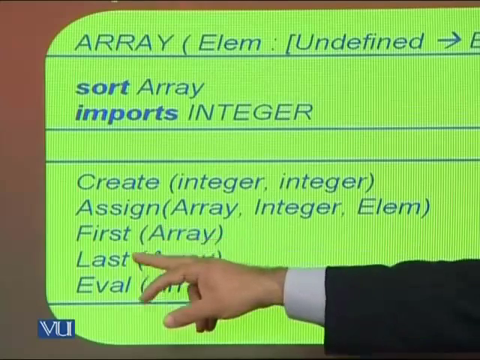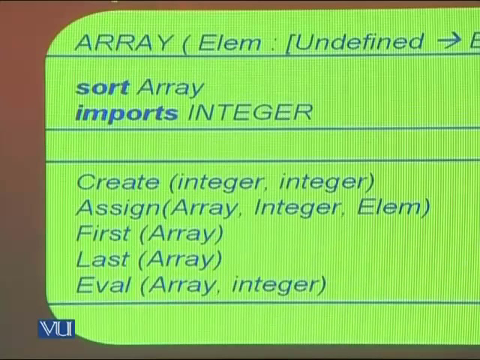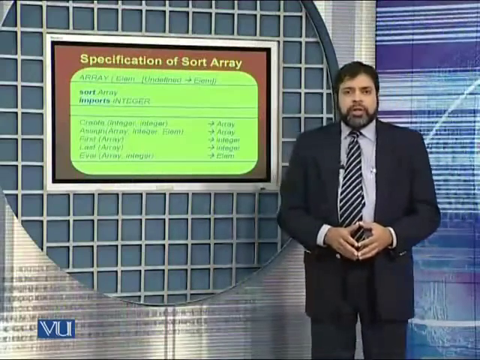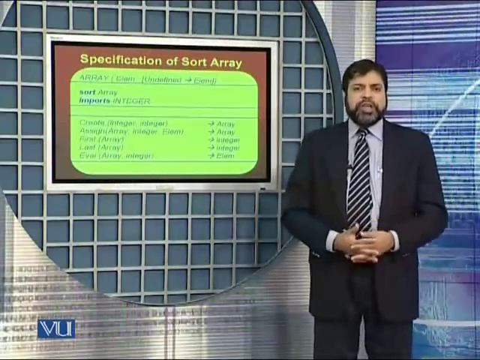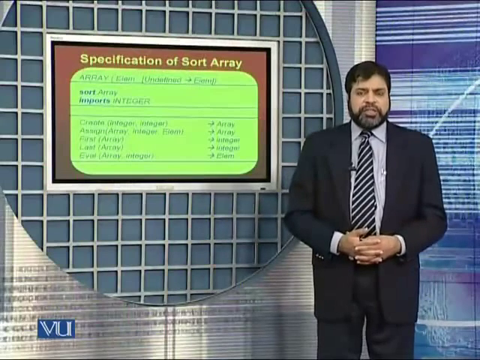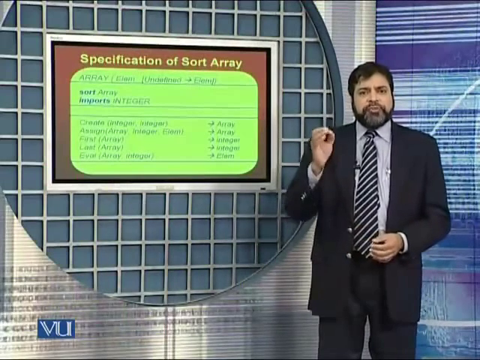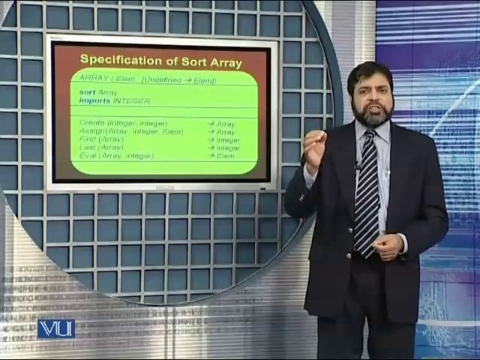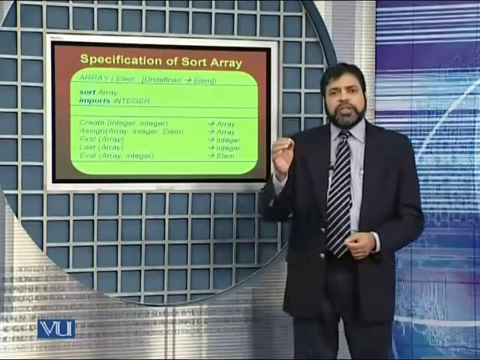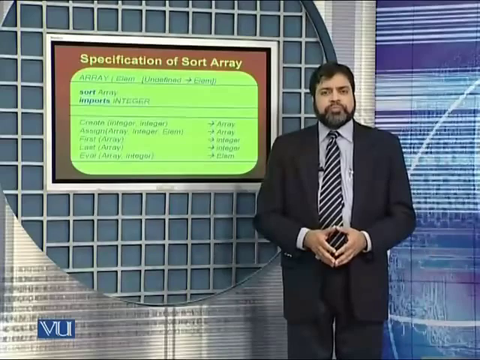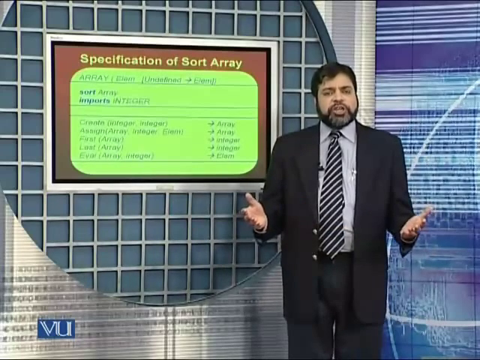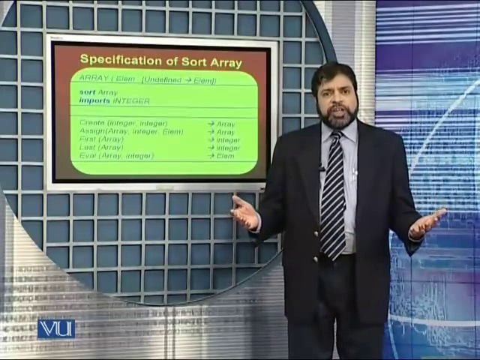So these three methods, first, last, and eval, are inspectors. And the first two methods, create and assign, are constructors. So before we start writing the axioms, we have to identify the constructors and the inspectors. So what are our constructors and what are our inspectors?